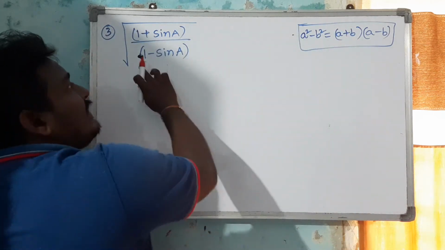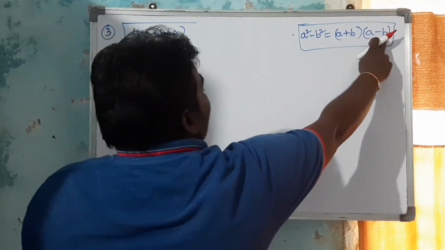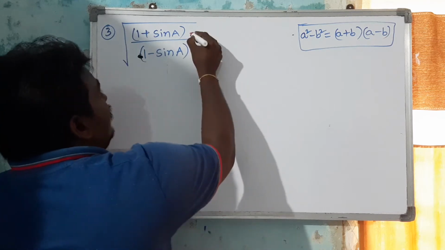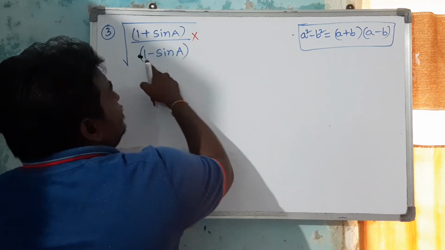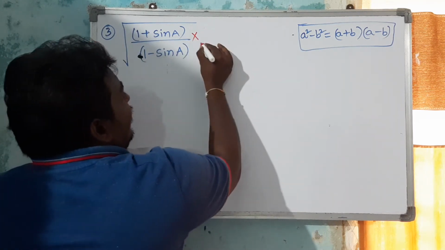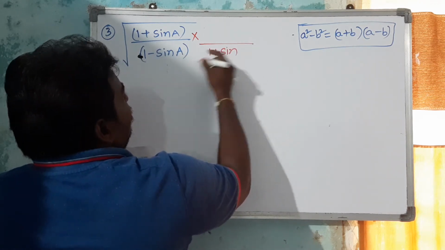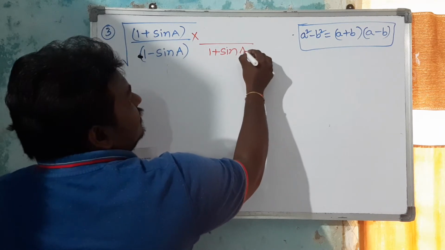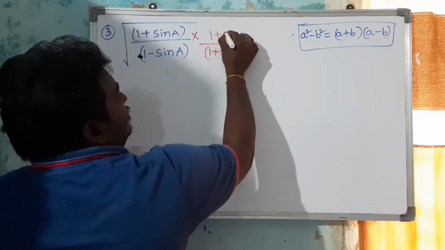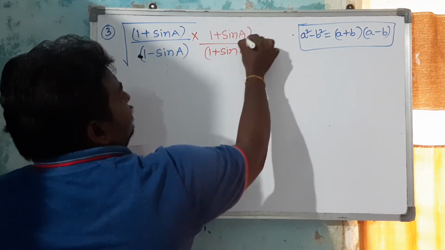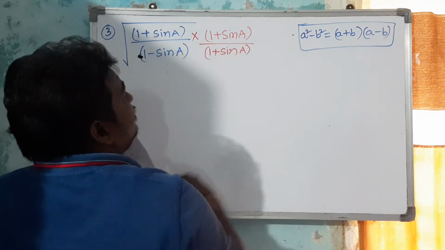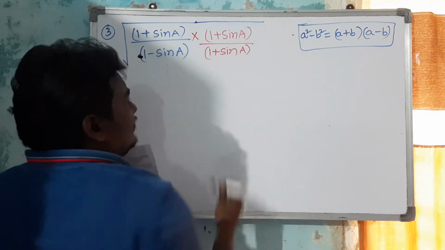Since 1 minus sin A is there, like a minus b, I am rationalizing with 1 plus sin A, which is a plus b. Multiplying and dividing with 1 plus sin A. That's it.